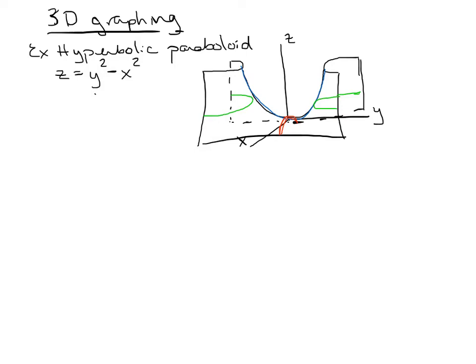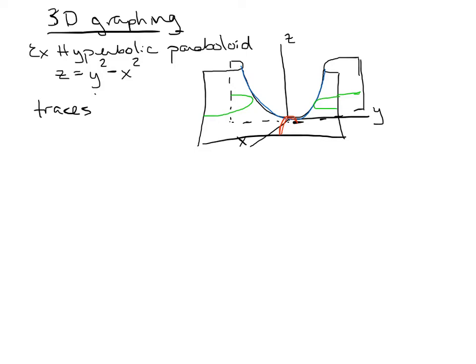Now, I want to talk about something called traces. Each different one of these colored parabolas that I've drawn on this shape can be called a trace. Now, if you're at all confused about how to draw these things, traces can be a great way to go. Bring it back to 2 dimensions and then expand it into 3.